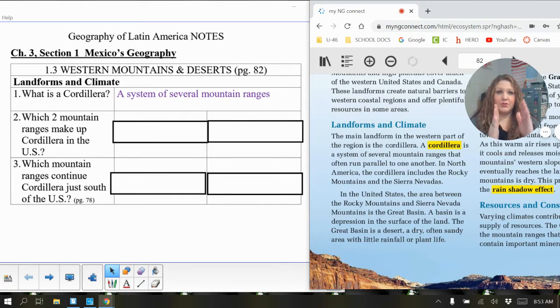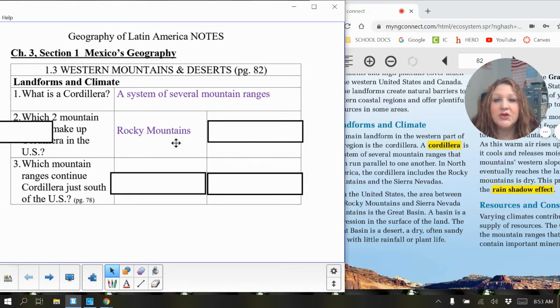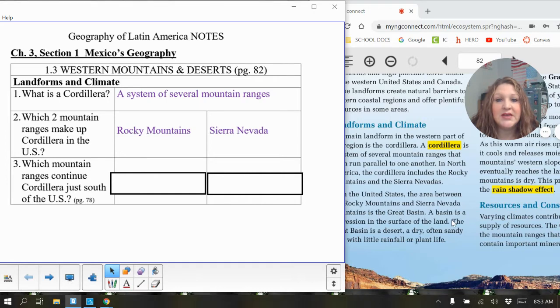So like this, here's one mountain range, here's the other mountain range. In North America, we have the Rocky Mountains and the Sierra Nevada. On your notes, you have a bullet mark there, so you can go ahead and put yours next to that bullet. When you click enter, another bullet should appear. So Rocky Mountains and Sierra Nevada.